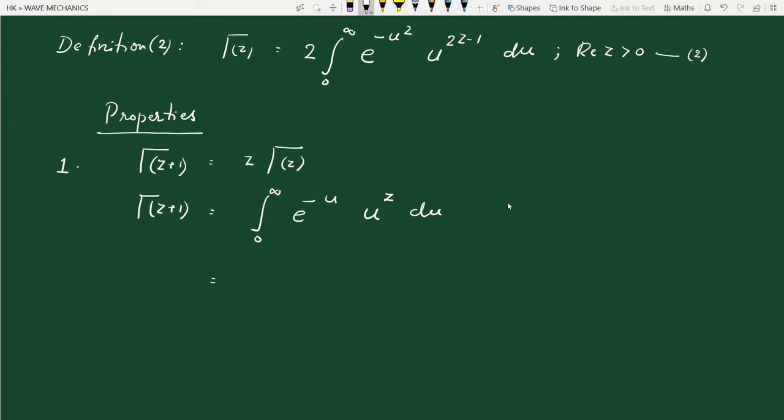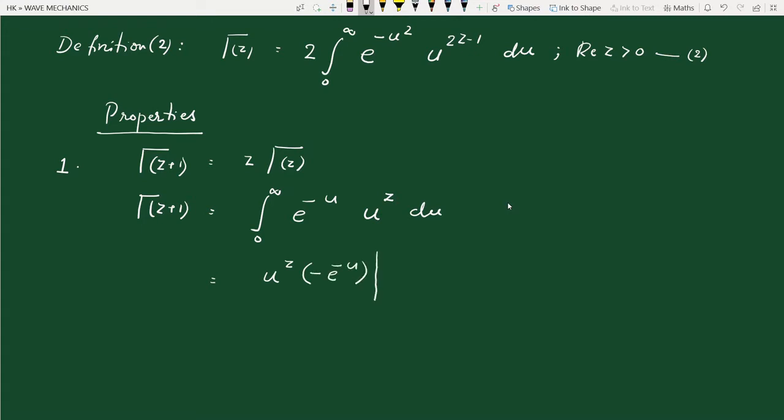integrate this by integration by parts. So I am choosing u raised to z as the first function and e raised to minus u as the second function. So what you get is the first function into the integral of the second function, which is minus e raised to minus u, correct?